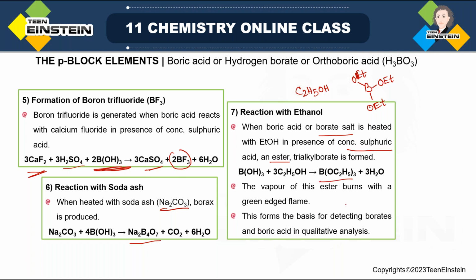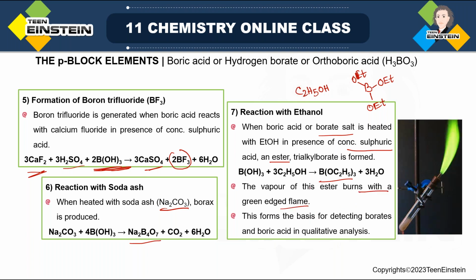Now the vapor of this ester, triethyl borate, burns with a green edged flame. It is a liquid, and its vapor burns with a green edged flame, and because of this specific color, it can be used as a detection method. Detection of what?